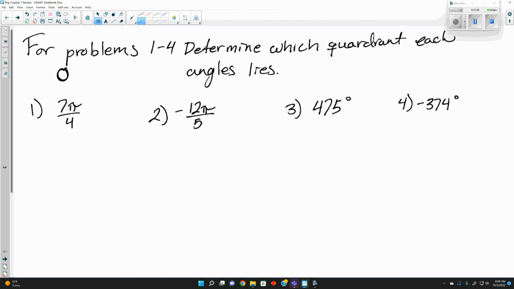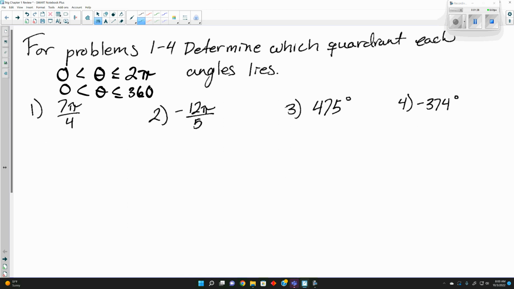Or you can bring all the angles between 0 and 2 pi, or 0 and 360. You can bring it back to that, so that's kind of easier to determine, especially on the unit circle.